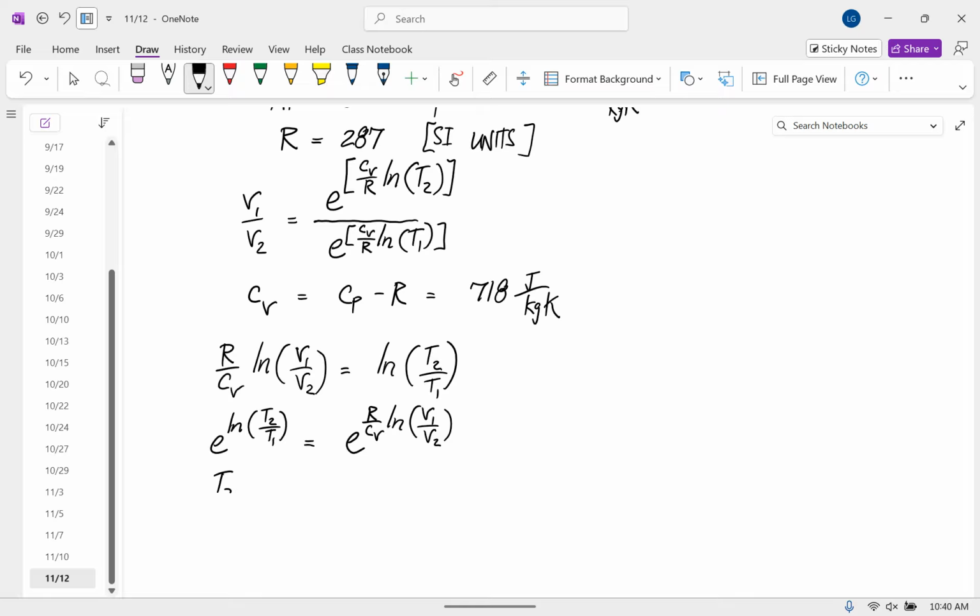And so T2 over T1 is equal to E to the power of R over Cv times the natural log of V1 over V2.